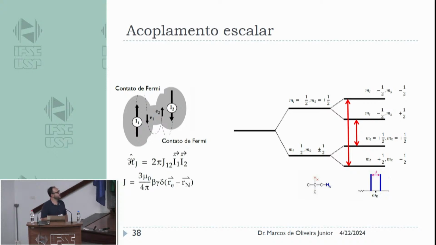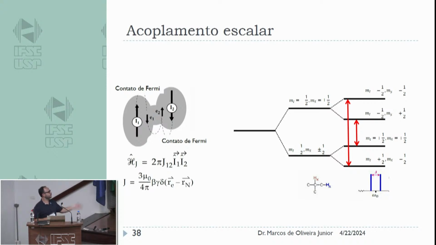I'll not speak too much about these splittings here, but this is a case where I have 2 spin 1/2 interacting. Each of these lines breaks up in 2, and then it's forbidden to have transitions of both spins together. Then we have only 2 possible transitions. Then we have 2 lines.